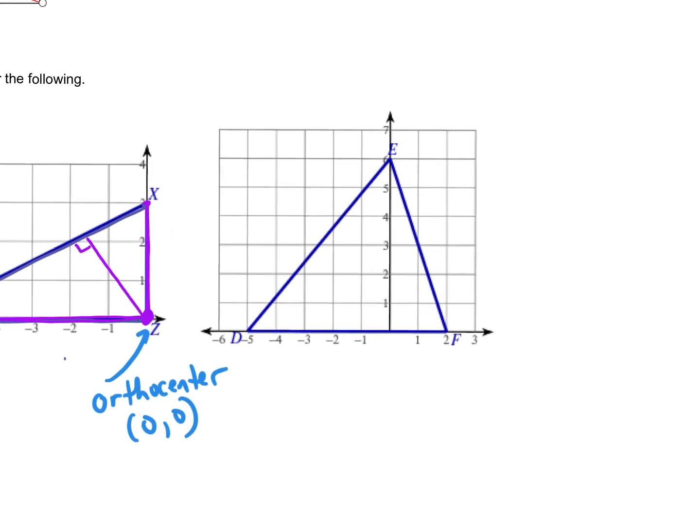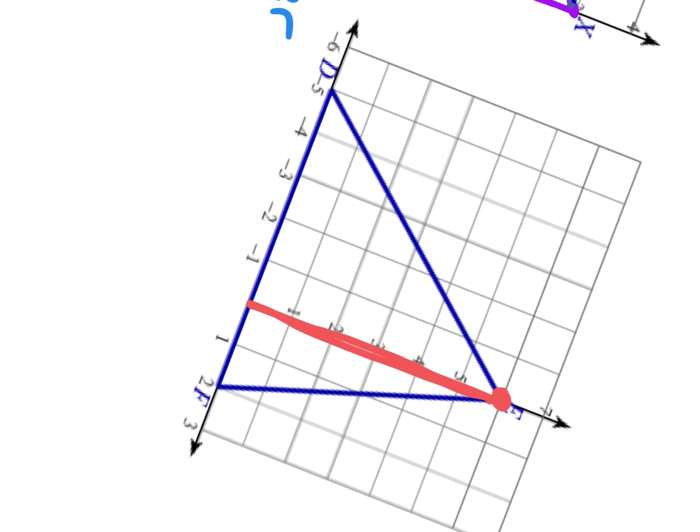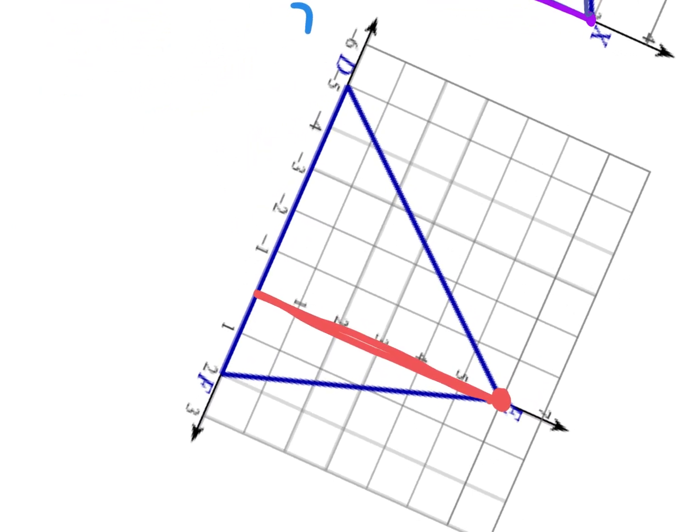So let's look at triangle DEF. If I start with E and go perpendicular to this side, this is one altitude. Then I rotate and do D to EF, so I start with D and go straight down perpendicular to EF.